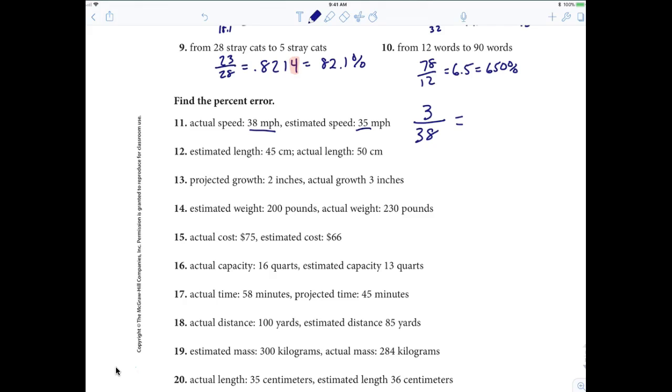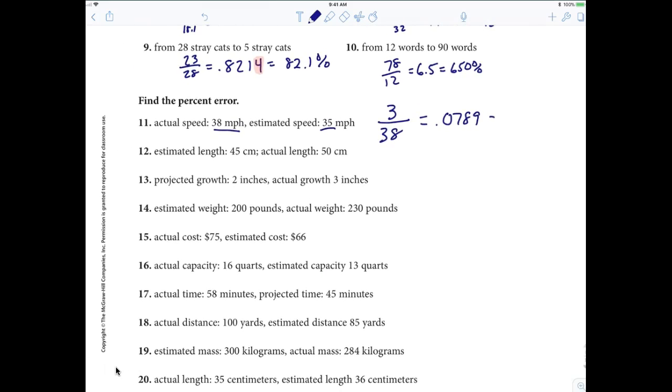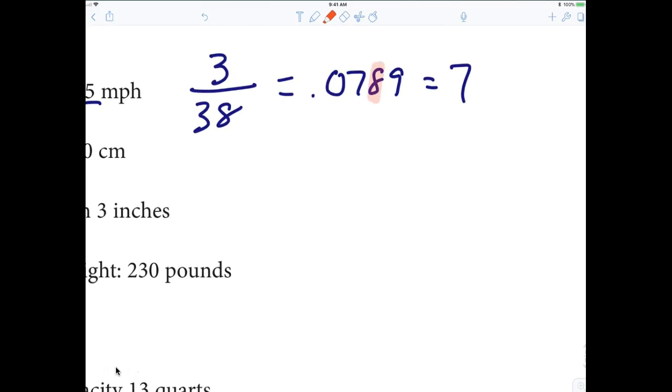So we say, what is it? 0.0789. Which is going to be what? 7.8. No, think. Wouldn't it be 8%? No, because that's not a bad thought, but the decimal's over twice. So if we're rounding to the 10th, this would be the 10th spot for the percent, correct? So it'd be 7.9%.